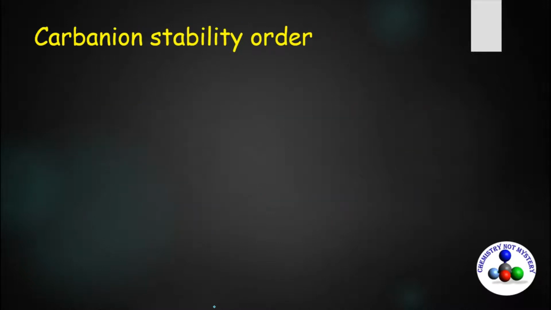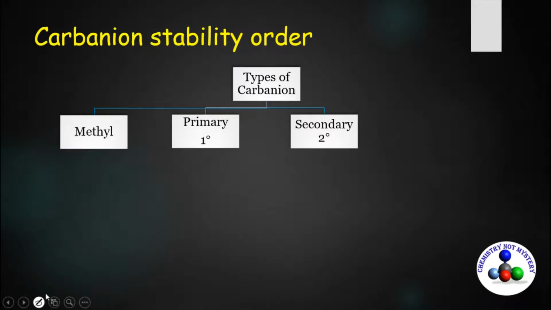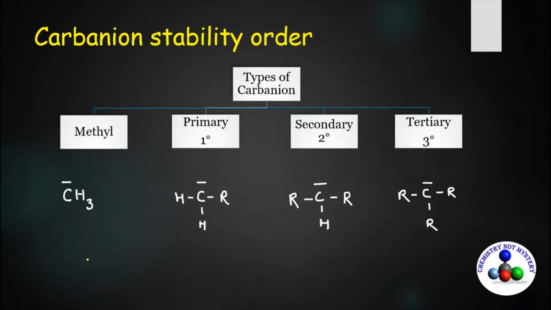Now discuss the stability of carbanion. In methyl carbanion, there is no alkyl group attached to it. In primary carbanion, there is one alkyl group that donates electron density to it and increases its negative charge, making it unstable.